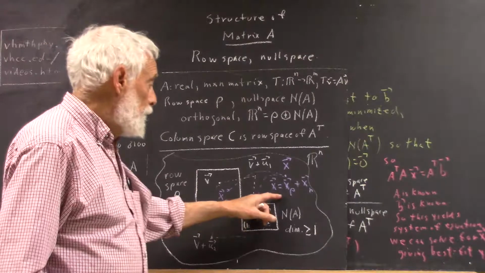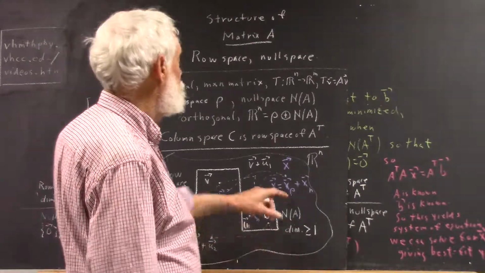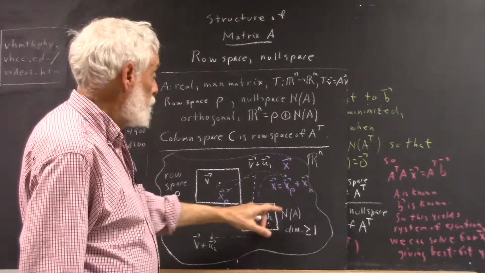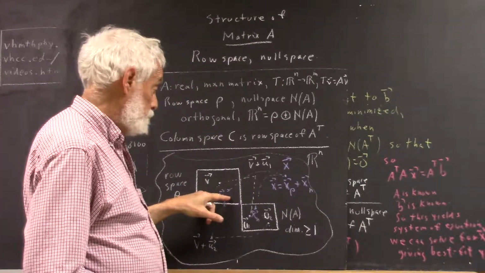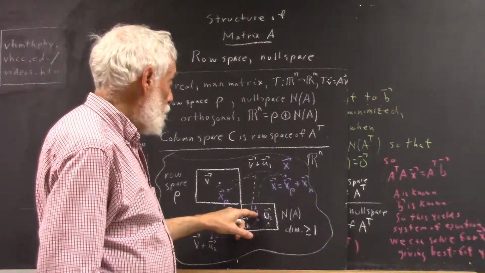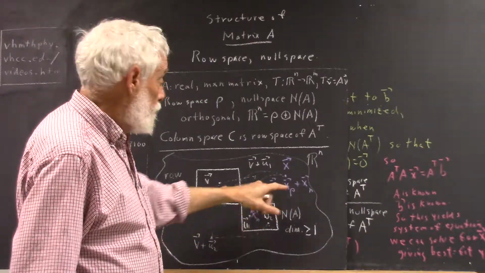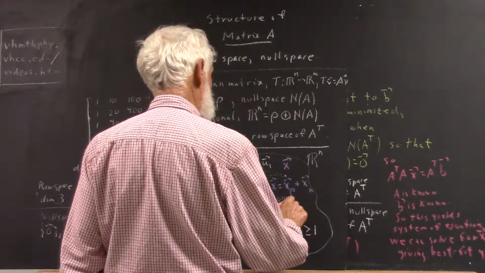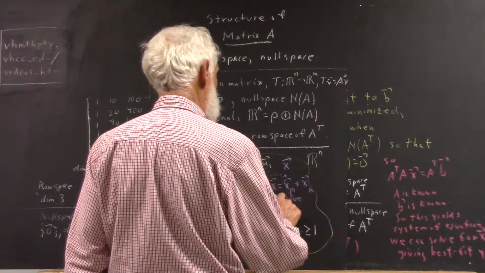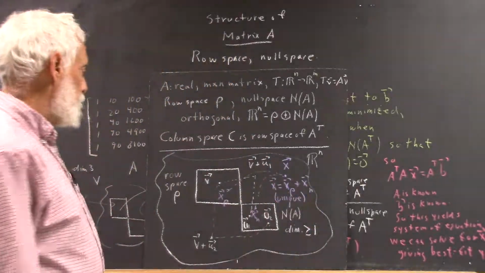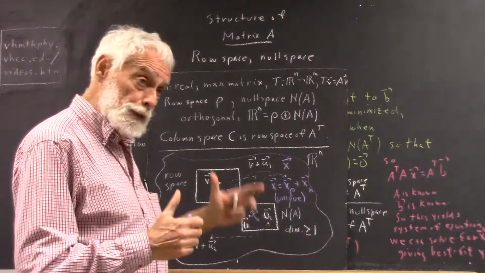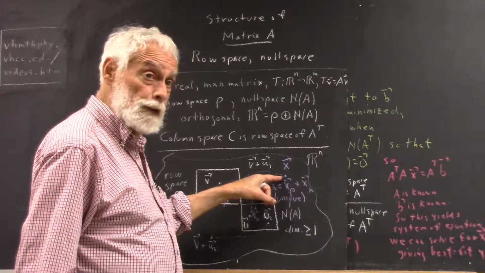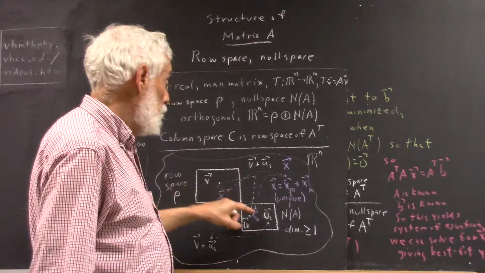Furthermore, each of these vectors is unique. There's a unique vector X row, just one vector X row, and one vector Xn that add up to the vector X. So I'm going to say this is unique, in that for any X here, there's exactly one way to do this.